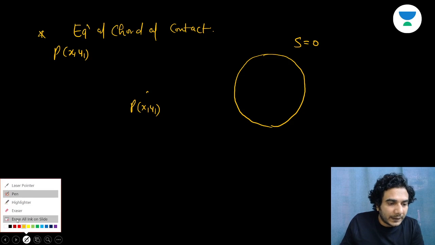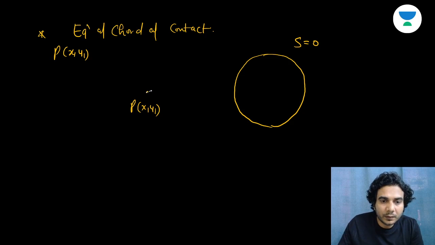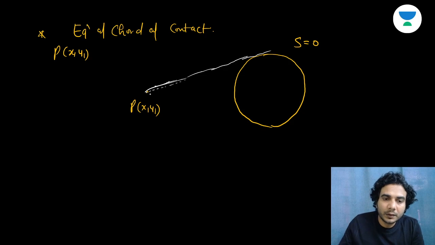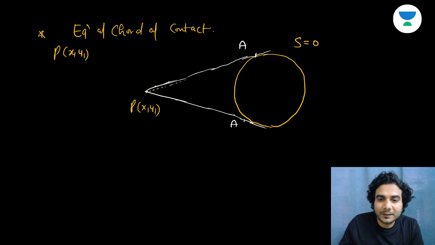From P, tangents are drawn which touch the circle at A and B. All right, and you can join A, B. Okay, so PA and PB are tangents, and AB is called their chord of contact.